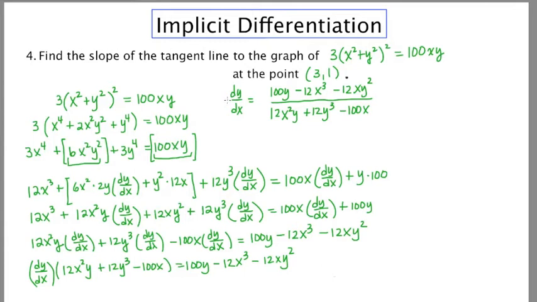I am observing that every one of these coefficients is divisible by 4. That might make the math a little easier when I substitute in, so maybe I should go for that. This will leave me with 25y minus 3x cubed minus 3xy squared all over 3x squared y plus 3y cubed minus 25x.